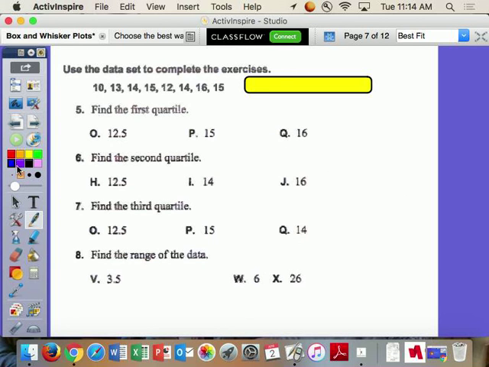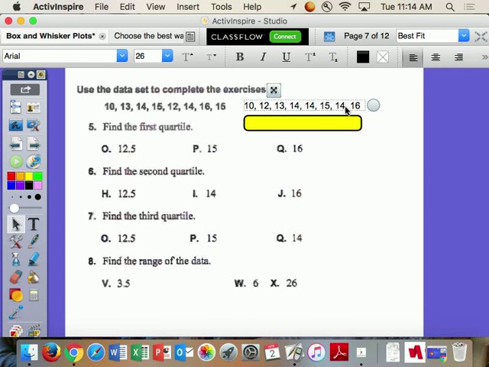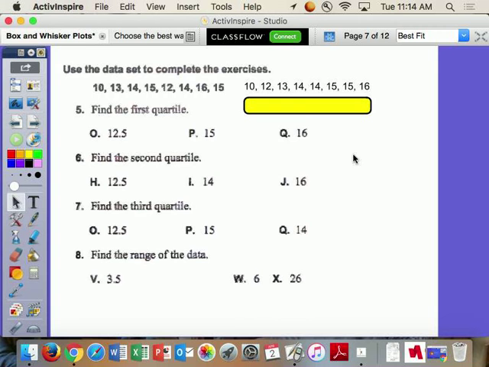Now, first you need to pause the video and put the numbers in order from smallest to biggest. Welcome back! All right, so you should have that as your order. Let me change my numbers because I messed something up. Then it says find the first quartile. So let's start by doing the easiest.